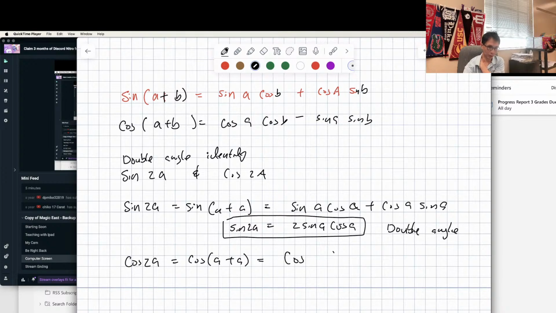Cosine, cosine, sine, sine, and this is a minus, so that becomes cosine square of a minus sine square of a. So this becomes the double angle identity for the cosine.